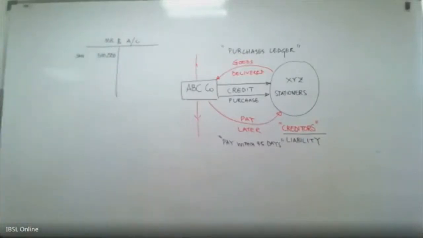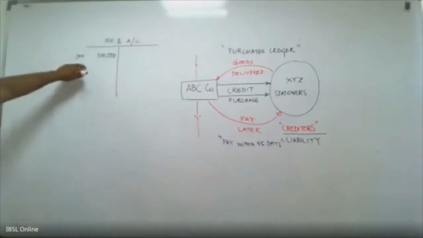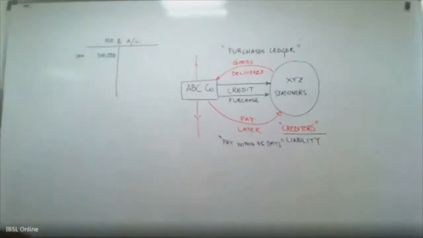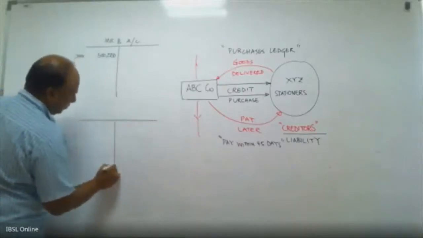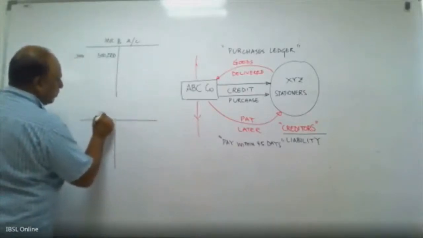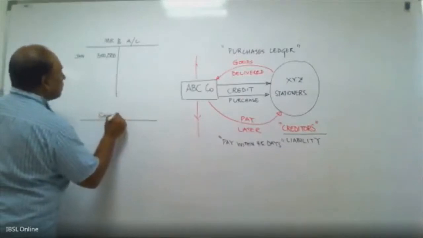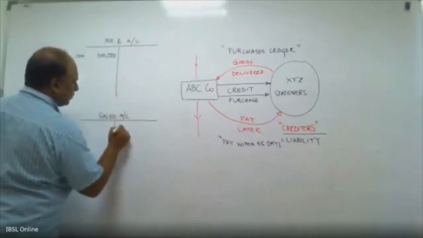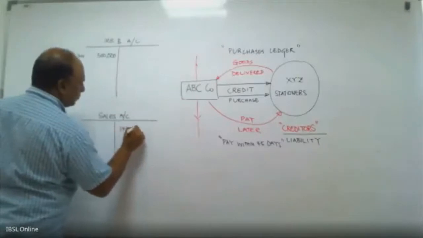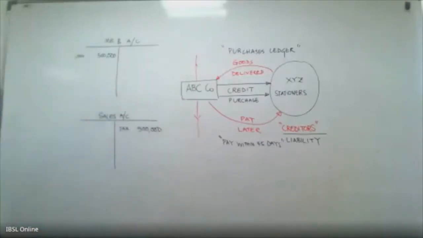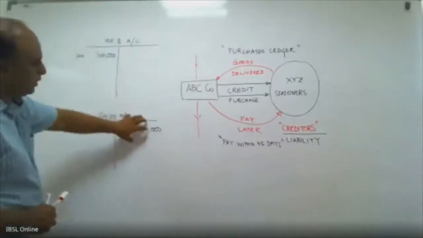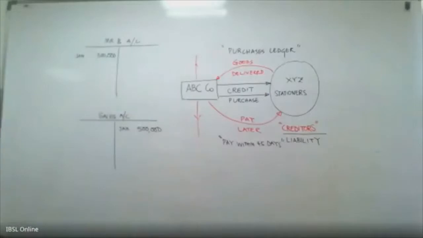Okay, that is the debit that I passed. What did I do? I credited an account called sales account, 500,000. So debit here, credit here. That is the first transaction.